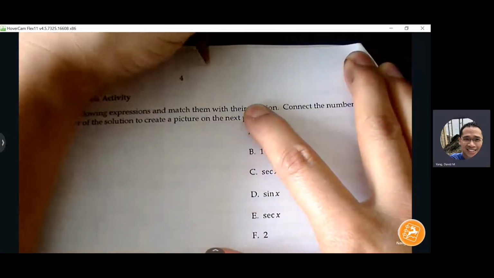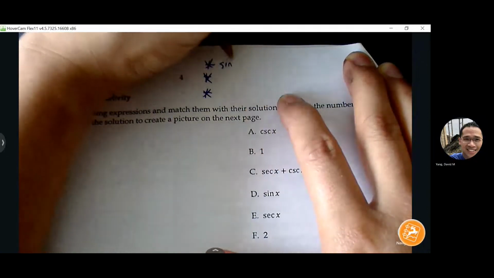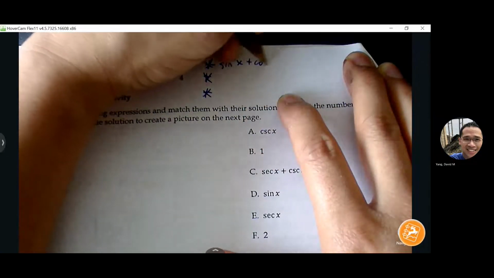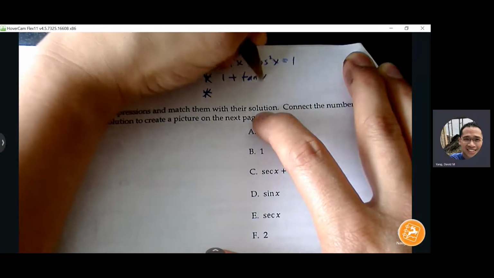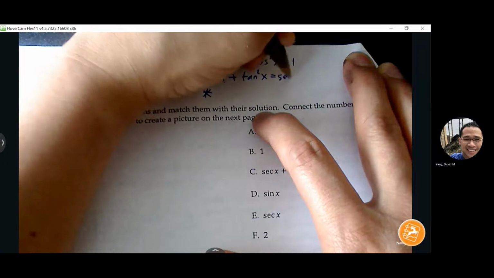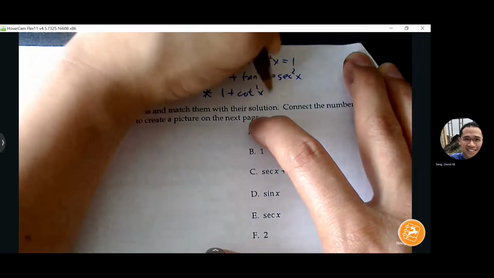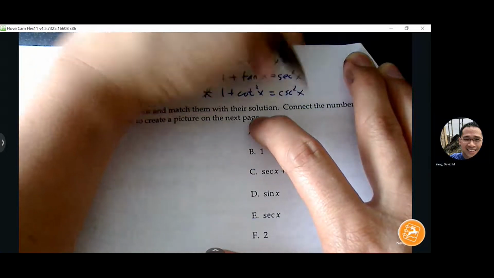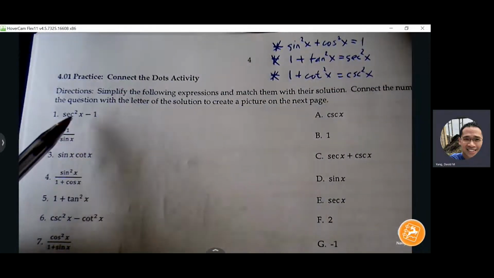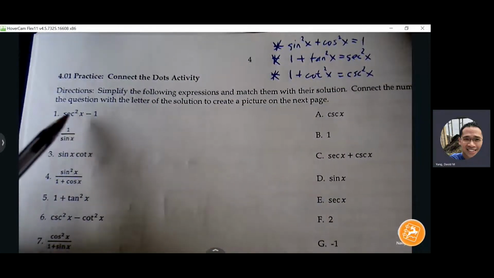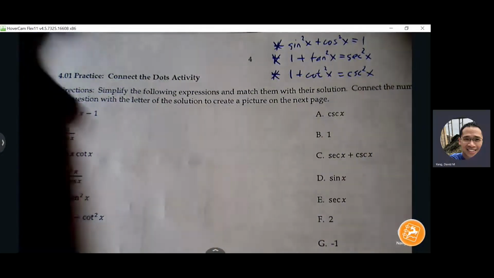So let me write the identities up here so we can have easy access to them. Okay, so secant squared x minus 1, what can that be reduced to be here? Tangent squared x, okay.